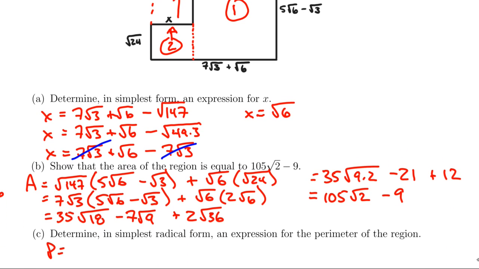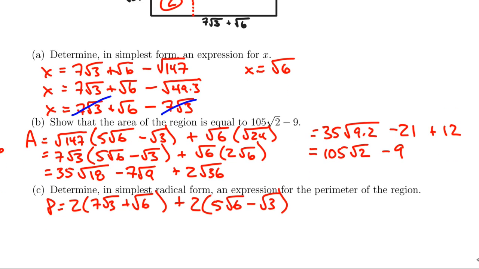My perimeter is going to be 2 times the length of that bottom side plus 2 times the length of the right-hand side, because I'll be able to move those over to fill in the sides on the other side of the rectangle there. So now this is going to be 14 root 3 plus 2 root 6 plus 10 root 6 minus 2 root 3.